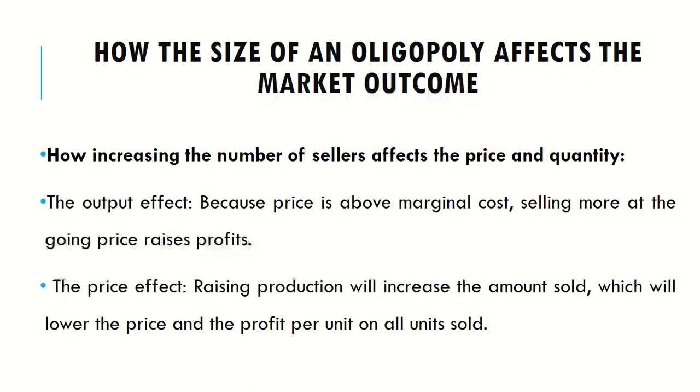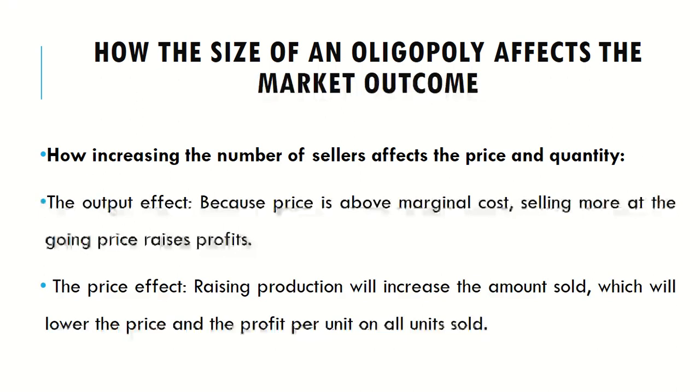When the price is greater than the marginal cost, new firms enter the market, they produce more and supply more, and the quantity produced and supplied then increases. When more quantity is sold in the market at the existing price level, this will raise the profit as well.